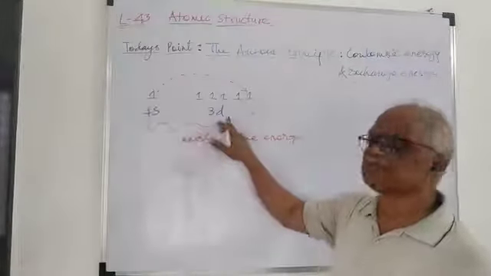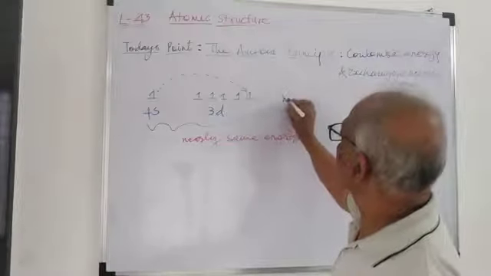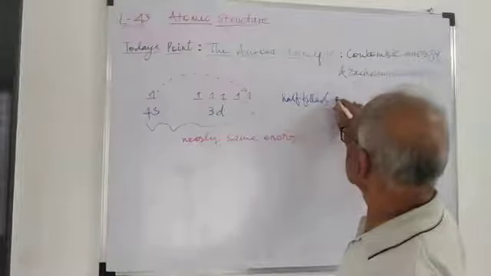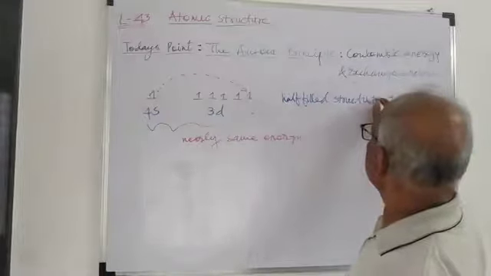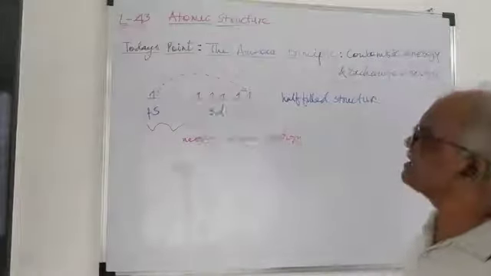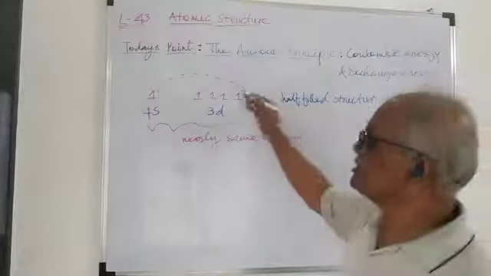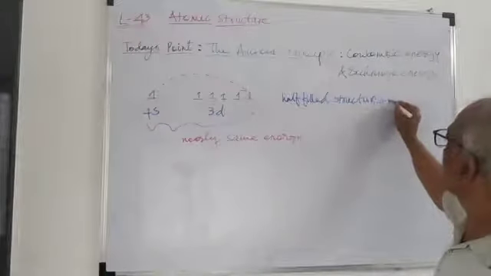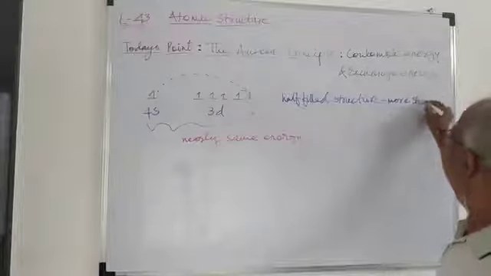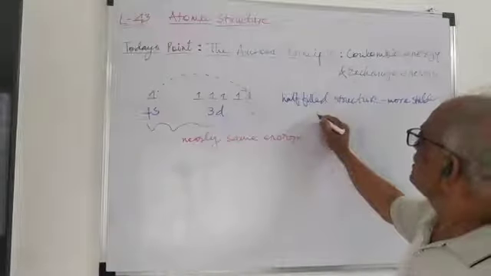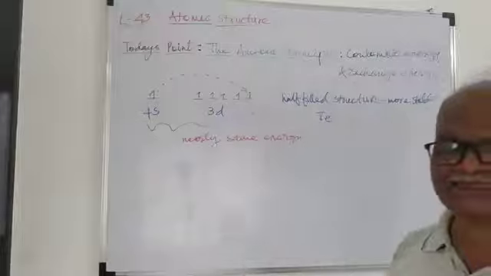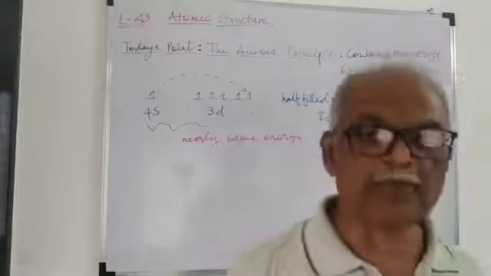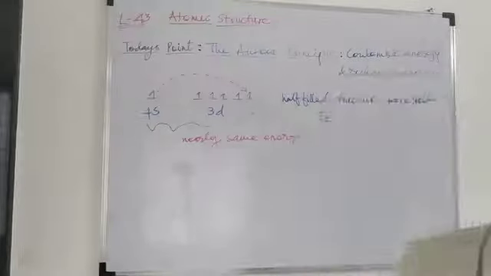So 4s as well as 3d becomes half filled. So this is a half filled structure, and it has a greater possibility of exchange energy, or electronic exchanges are more possible. So this is more stable, because the pi e is more, means the possible exchanges of electrons are more.